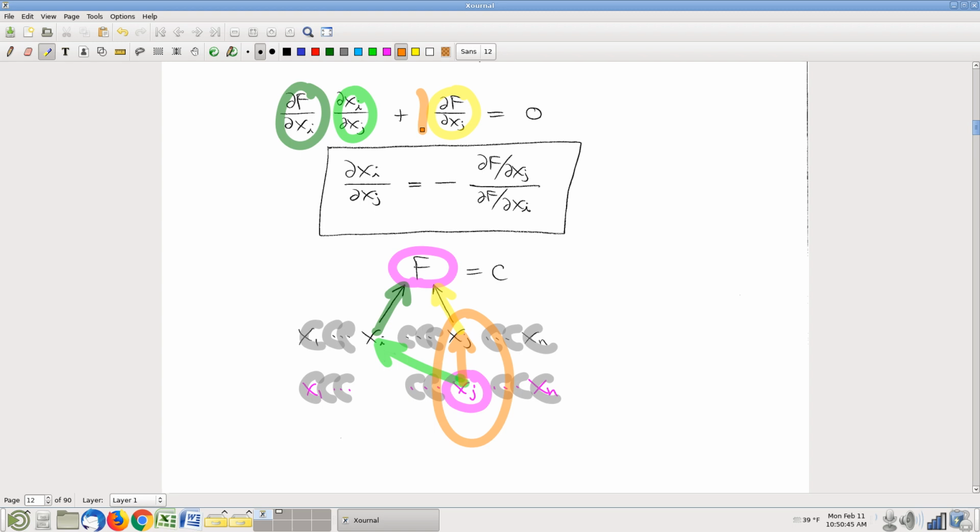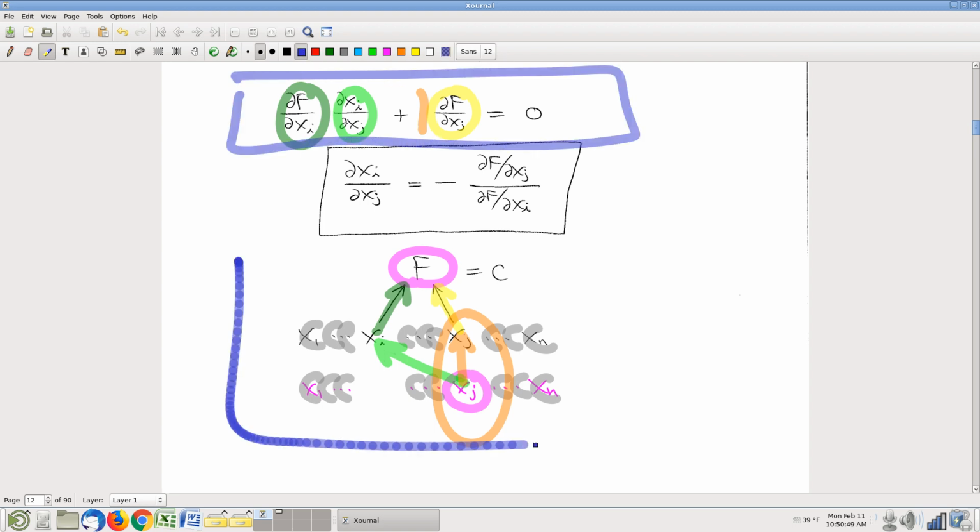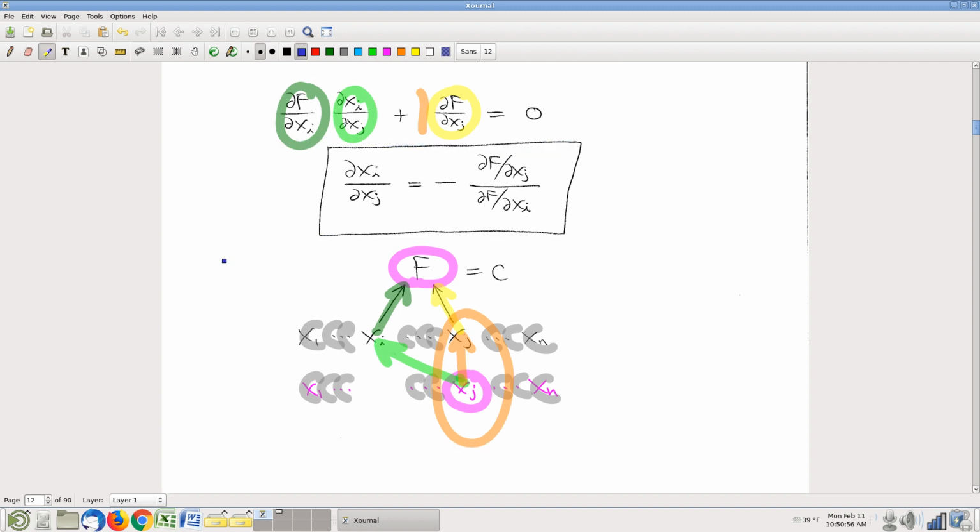This right here is the chain rule as it applies to this diagram. Okay. All right. Now, with all of that done, it's all over but the shouting. This is what we wanted to know, right? I want to know the partial of xi with respect to xj. So solve for it. And a little bit of algebra, and there you go.